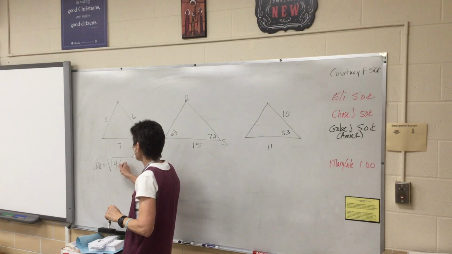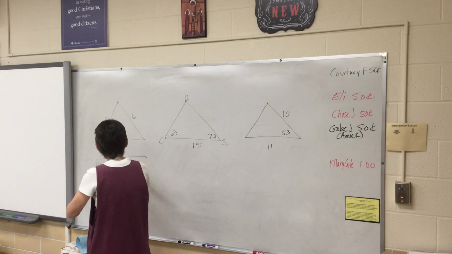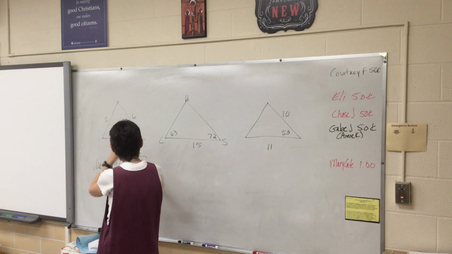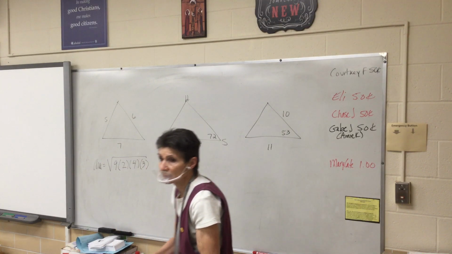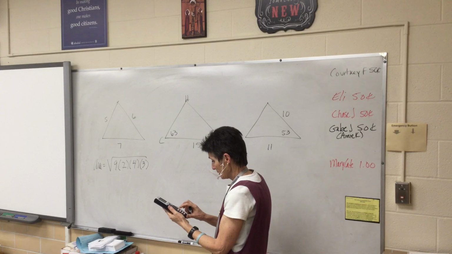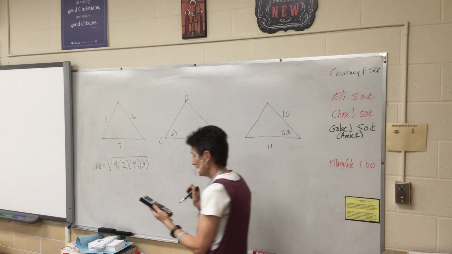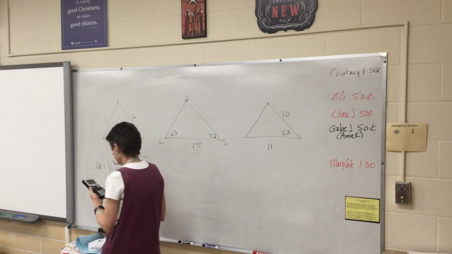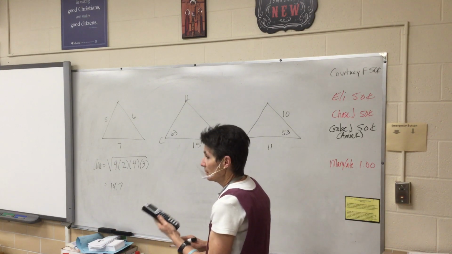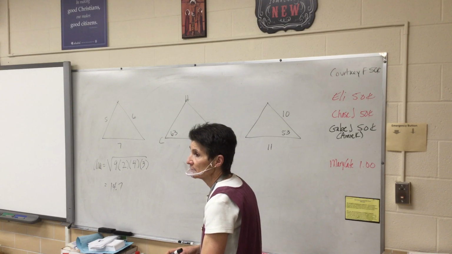Don't write down 5, 7, and 6. That's not right. It's 9 minus 7, 9 minus 5, 9 minus 6, in any order. And then multiply them all together and square root it. I got 14.7. Did you? Yeah. All right, that's easy.